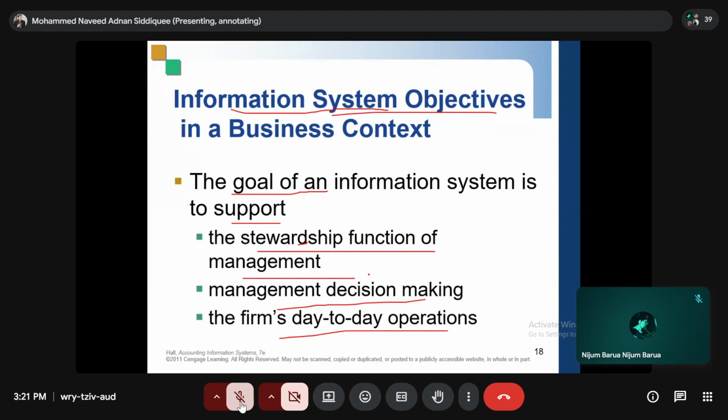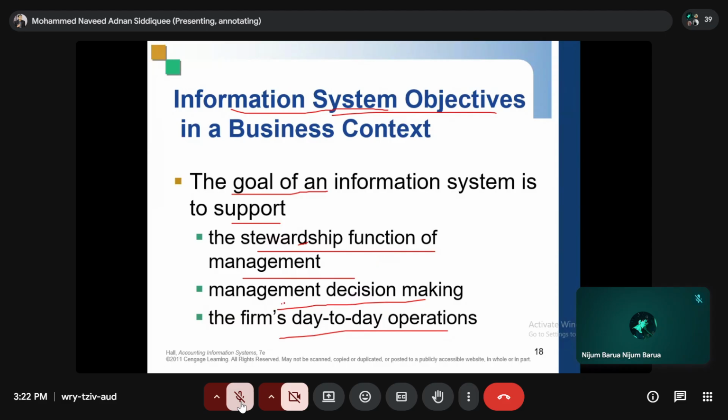The managers are managing the resources of the owners of the company, so the managers are stewards. And to manage the company, they need different types of information, and this information is supplied by the information system.